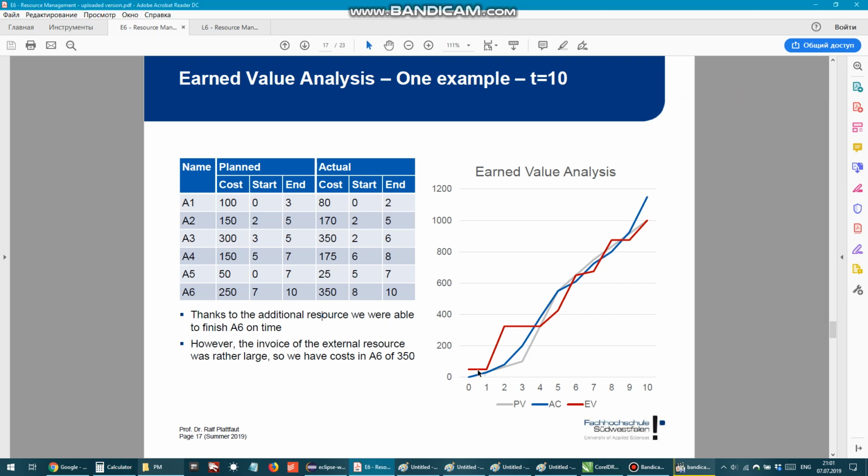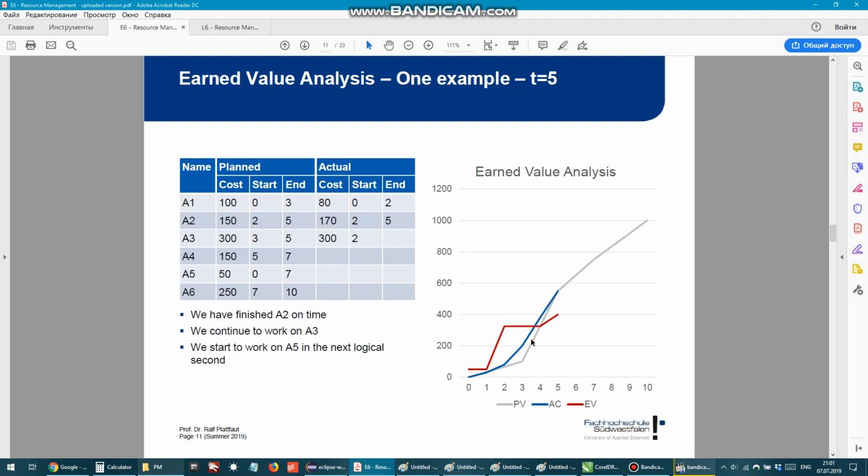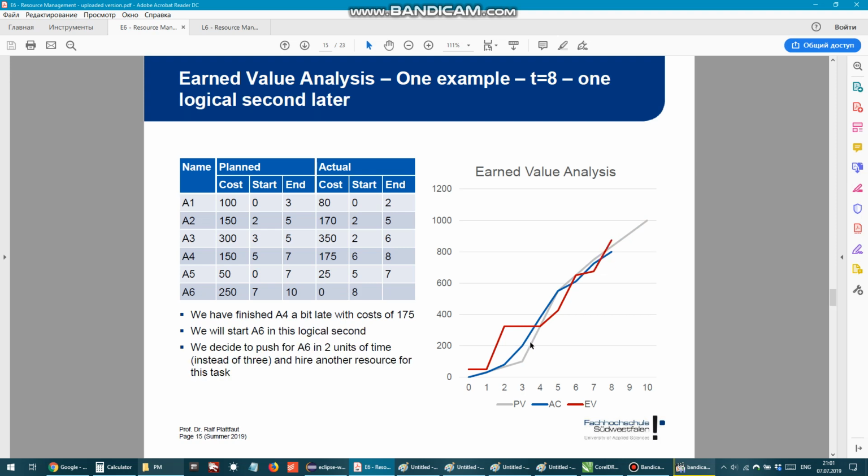So it is very important to understand the EV part of the graph, because throughout the timeline its shape also changes. You see, from here it goes here, and you have to understand why it changed this way.